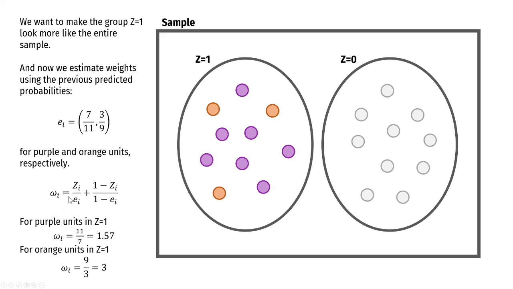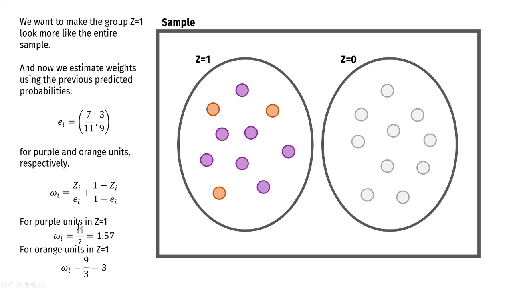The weight is going to be z over the probability of being in the group z equals 1, which is again that e vector that we saw, plus 1 minus z over 1 minus the probability of being in group z equals 1, okay?